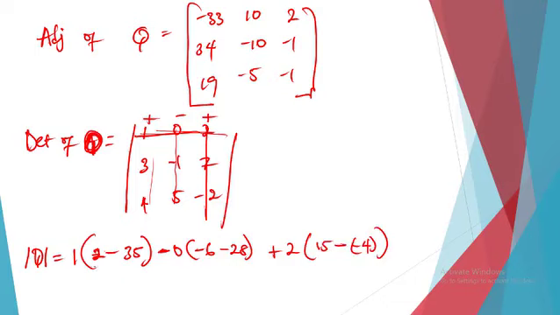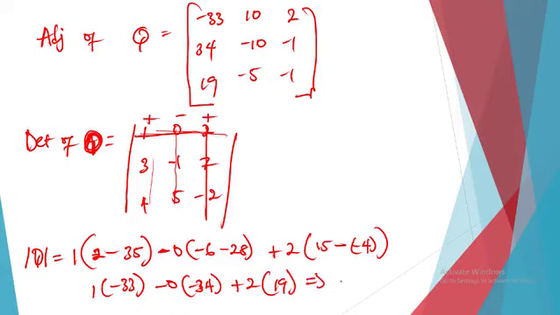Okay, then we have this to be 1 into 35, 2 minus 35 will give us minus 33. We have minus 0 into minus 6 minus 28 will give us minus 34. Right? Plus 2 into 15 plus 4 will give us 19.